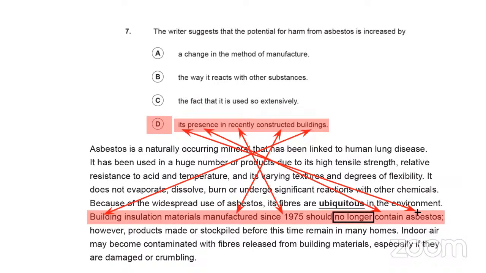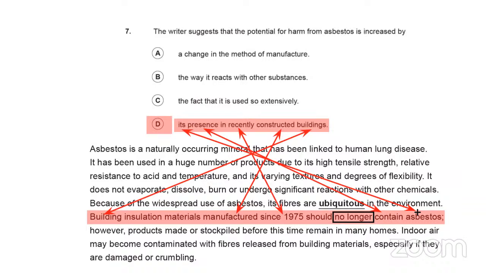So try to understand that. So how can you say D is the right answer? Because you say asbestos is increased by its presence in recently constructed buildings. No, before 1975, asbestos was present, but there is a rule which came in 1975, and the rule says there is no more asbestos.